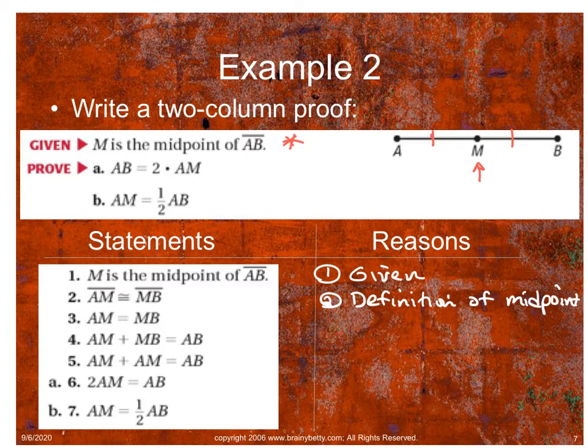But if you are filling in the blanks and the statements are already given to you, what they did from 2 to 3 is they changed the congruent symbol to an equal sign, and this reason is definition of congruent segments. So if you were writing your own proof, you could have skipped step 2 and gone right into step 3. I would have been okay with that.